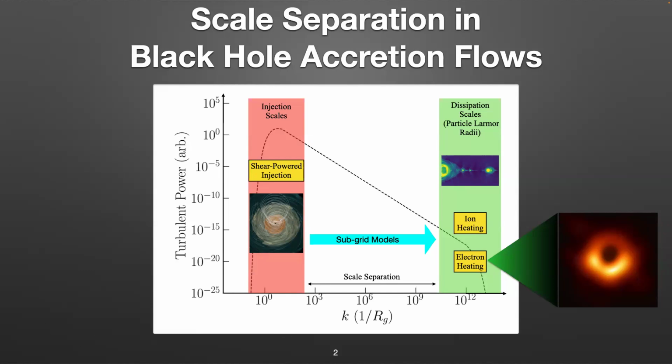Subgrid modeling is a very well-known technique. We need to study the right end of the spectrum and put it back into the left end in a self-consistent way so that we are actually capturing physical dynamics. Subgrid modeling is pretty important in inferring how images and spectra in these sources look.